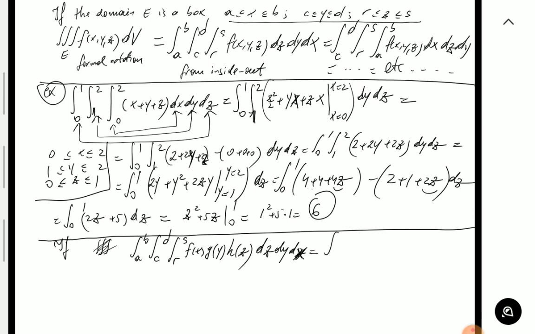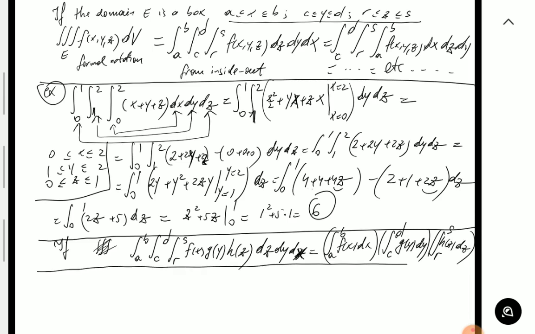So this will be the integral from a to b of f of x dx times the integral from c to d of g of y dy times the integral from r to s of h of z dz. Again, analogous to the double integral. That makes it very easy, all things considered, right?